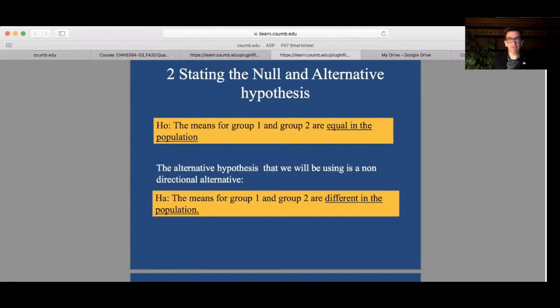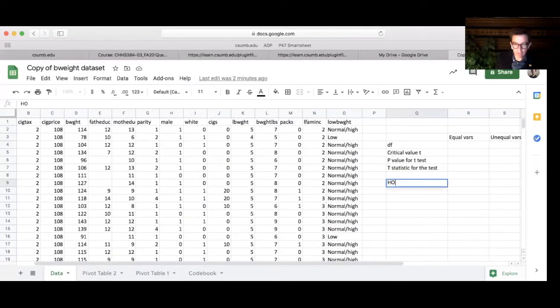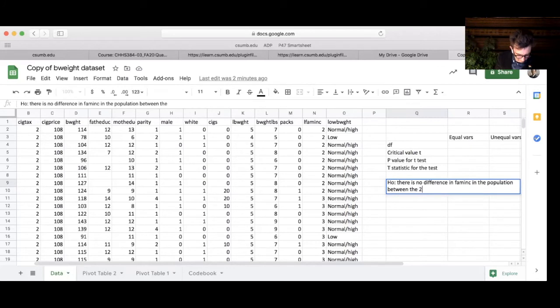The next step is to state the null hypothesis and the alternative hypothesis. So we can do that here. H0 is, there is no difference in family income in the population between the two groups, the low birth weight and the normal birth weight.